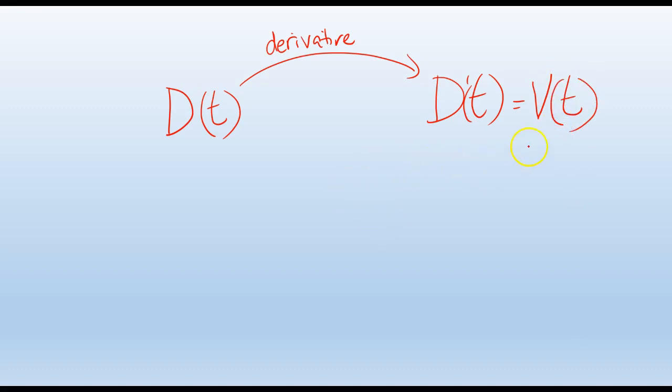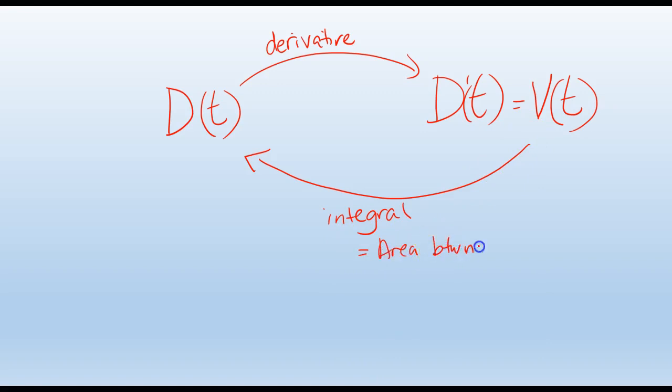And if I use the velocity time function and I go back the other way and I find the integral of that, I'm going to get my distance time function. The other thing that the integral also gives us is the area between the function and the x-axis. And we're going to explore that a little bit further. There are some other conditions, but this is just a simple example to show how the two are linked together.